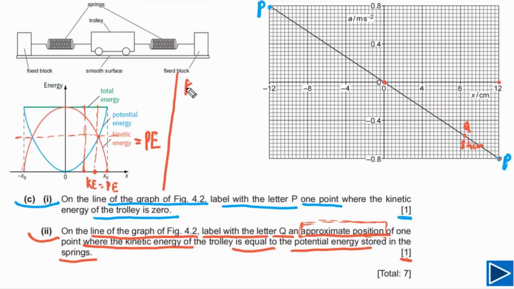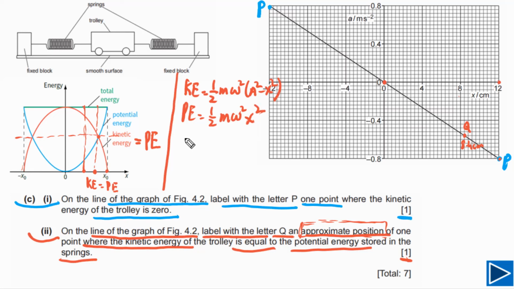If you want to calculate the exact position of Q, we need to understand that kinetic energy is equal to 1/2 m omega square times (a square minus x square). But potential energy at any displacement is simply equal to 1/2 m omega square times x square.